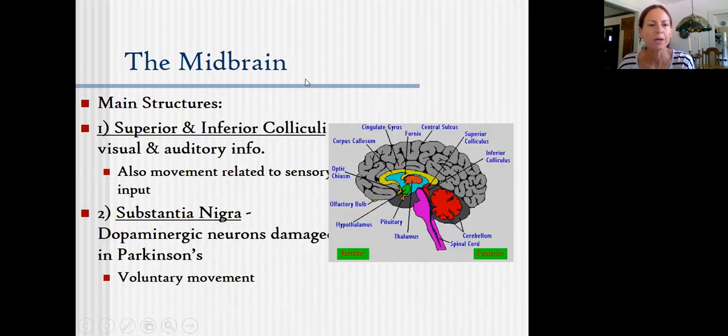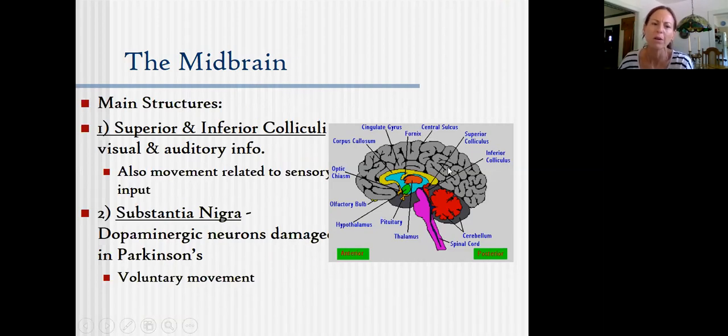Okay, finally, let's go on to the midbrain and then the forebrain. The main structures of the midbrain are 2 structures, the superior and inferior colliculi. Those are actually 2 different structures, but they're very similar. And so we say superior colliculus is involved in visual information. Inferior colliculus is involved in auditory information, but it's mostly movement related information.